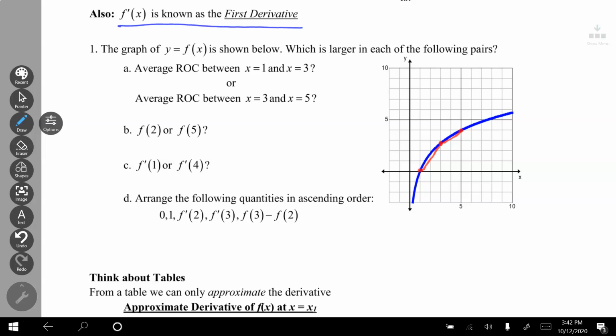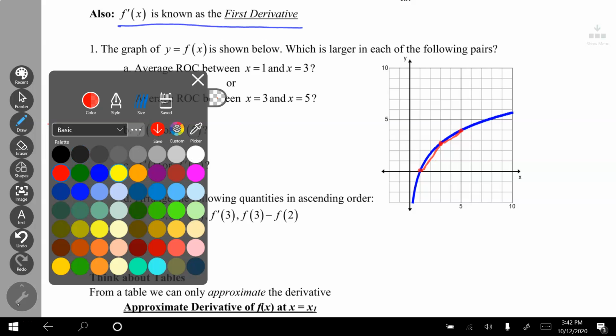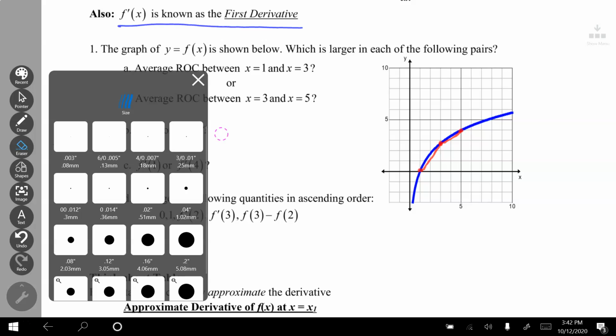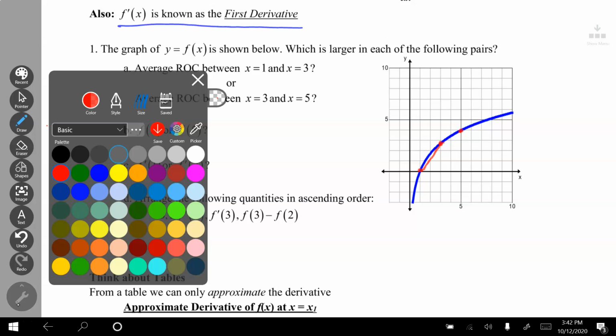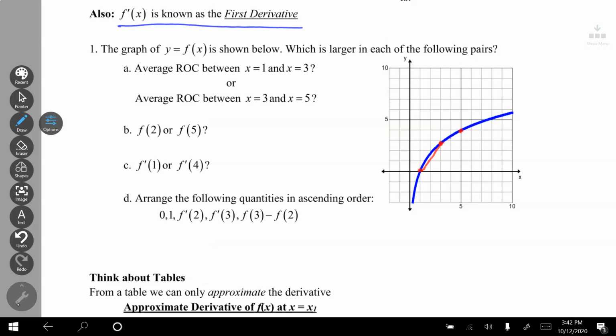And obviously, the first one in red, and I'll make them different colors, make the other one pink. The one in red is definitely steeper than the one in pink, so the average rate of change for this one is greater than another one.